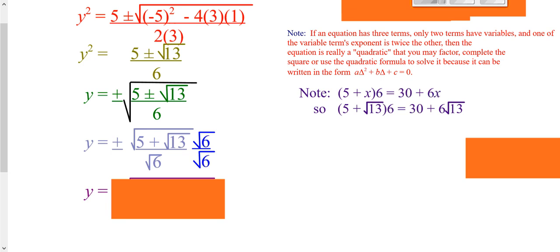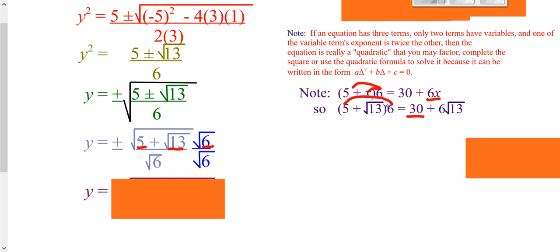So on the top, we have 5 plus something all multiplied by this. You know over here, you could just distribute through. So same idea here, we would distribute through. 5 times the 6 gives us our 30. Up here it was 6 times the x, and we get 6x.